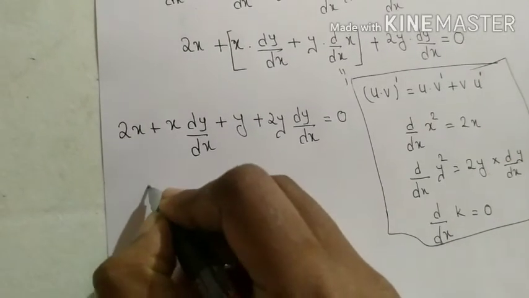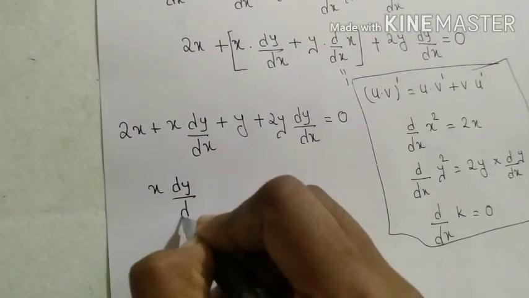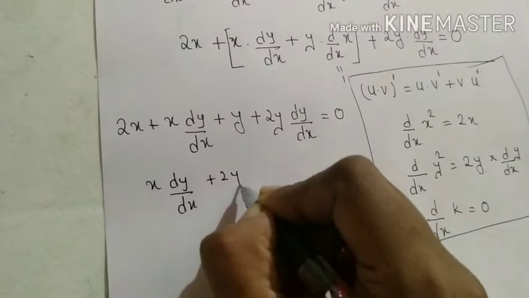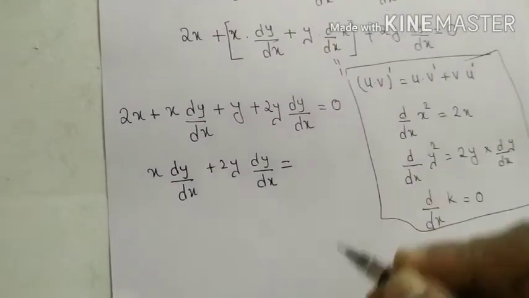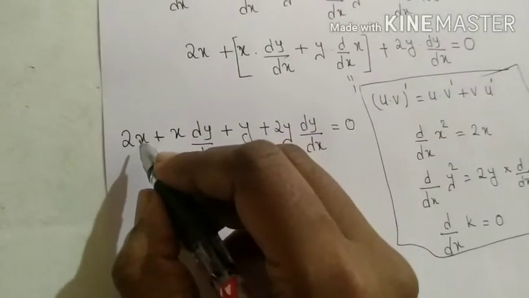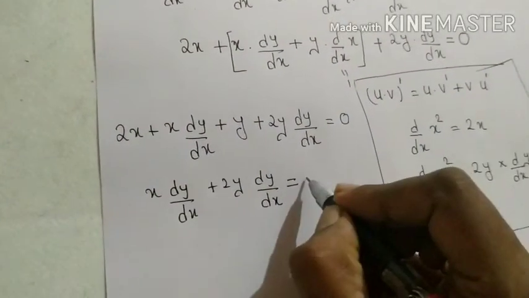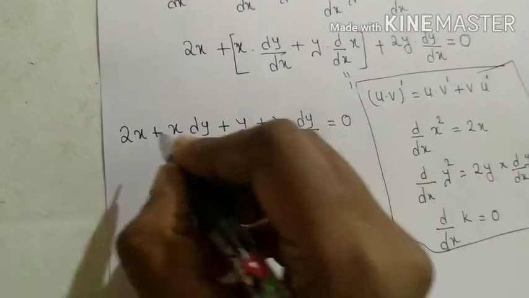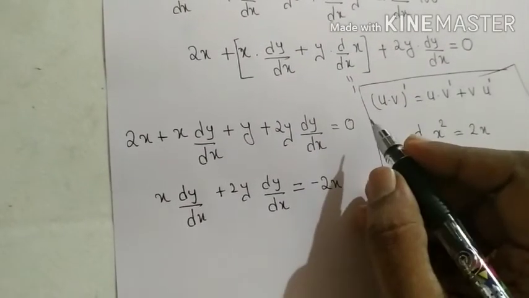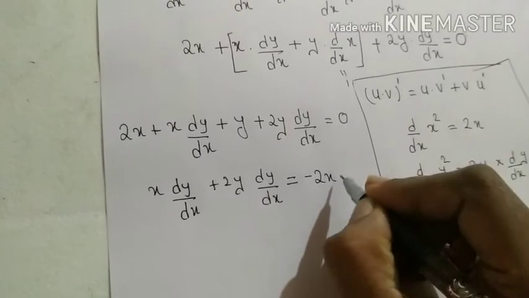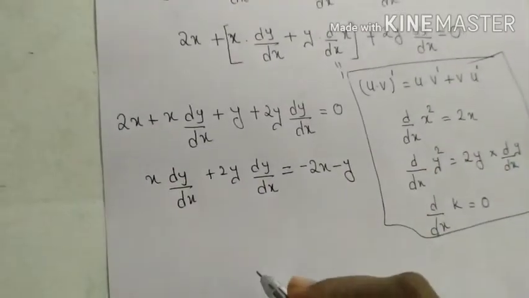So we get x dy by dx plus 2y dy by dx equal to, 2x is moving to the RHS, we get minus 2x, and y moves to the right hand side, it will become minus y.